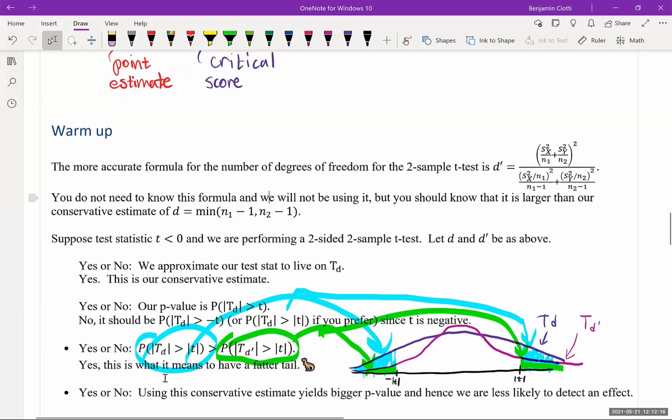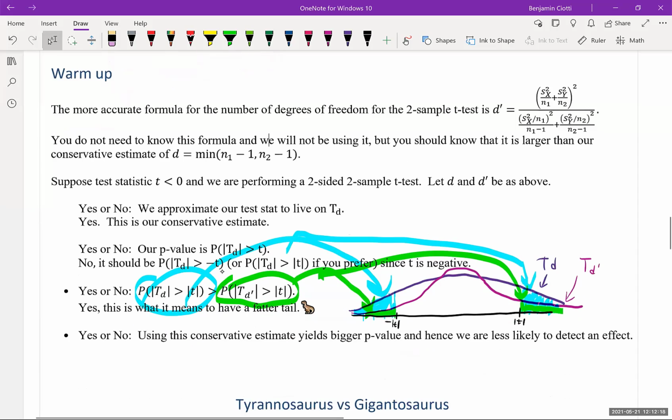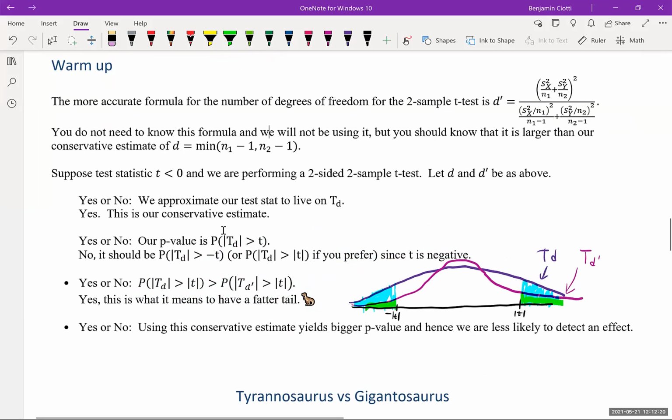Any questions so far? So finally, yes or no: using this conservative estimate for the degrees of freedom yields a bigger p-value, and hence we are less likely to detect an effect. Yes or no?